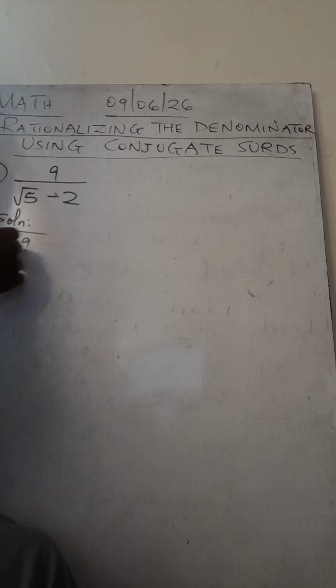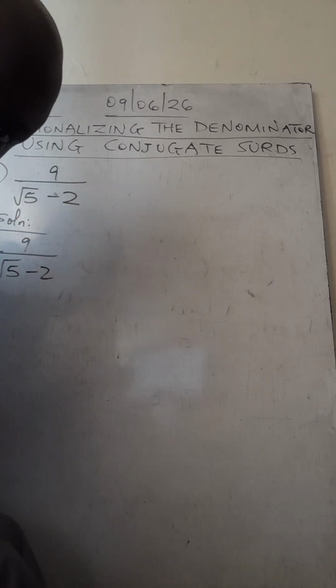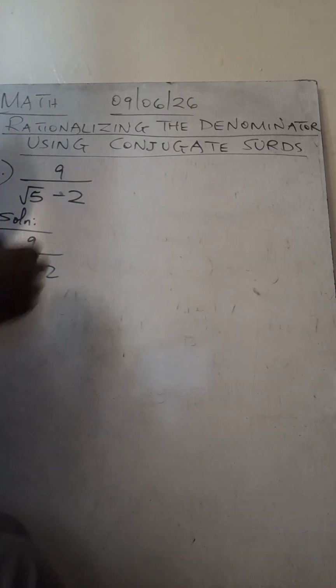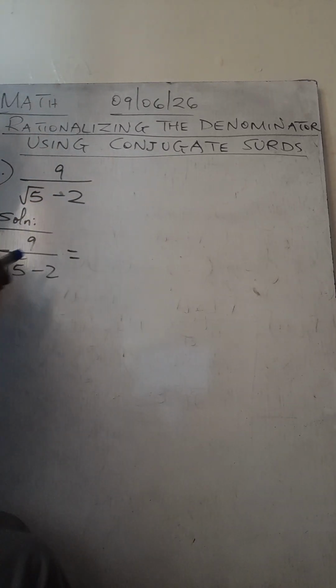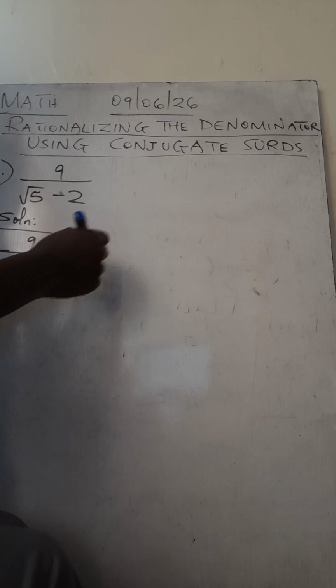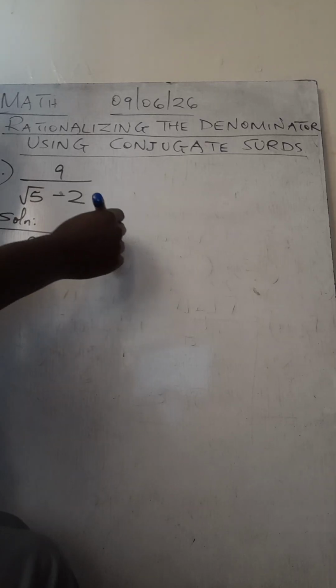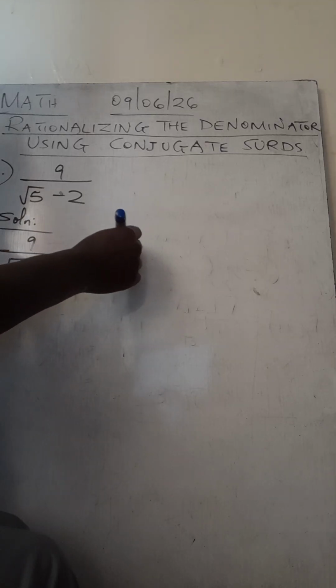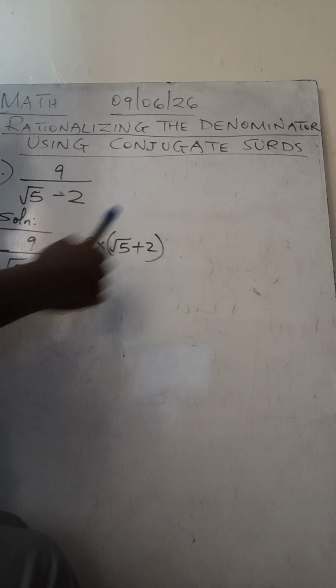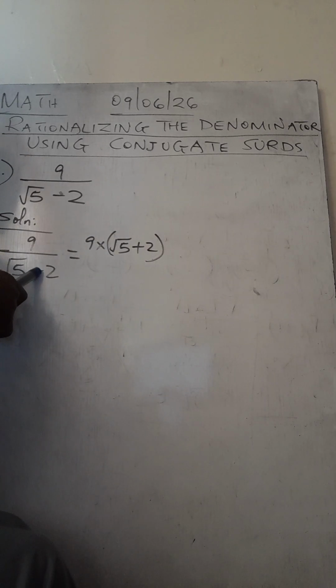So to do this, multiply numerator and denominator by the conjugate surd of the denominator, and the conjugate surd of the denominator is going to be root 5 plus 2. We change this one to plus because it is minus.